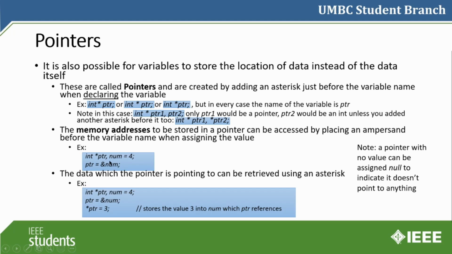So ptr equals ampersand num would assign the memory address of num into this pointer. One thing that's worth mentioning is that the way you dereference a pointer is by using this asterisk as well. And by doing this line right here, we will actually change the value that is stored in num.